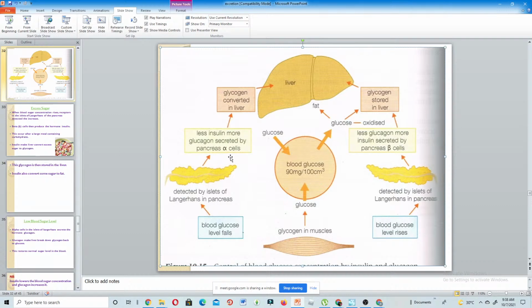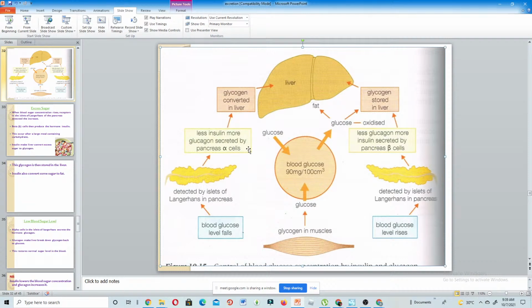As for the A cell, the A stands for alpha cell. The alpha cell will now release less insulin and produce more glucagon. So the hormone that is produced whenever there is a decrease in blood sugar level is glucagon, not insulin.